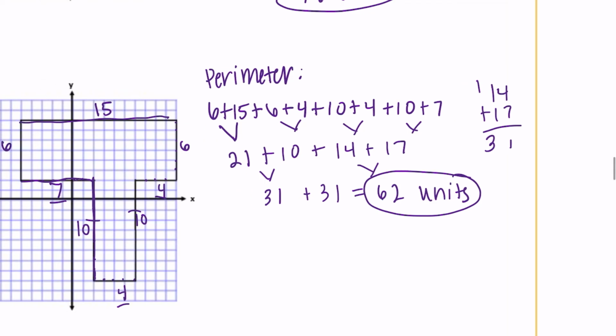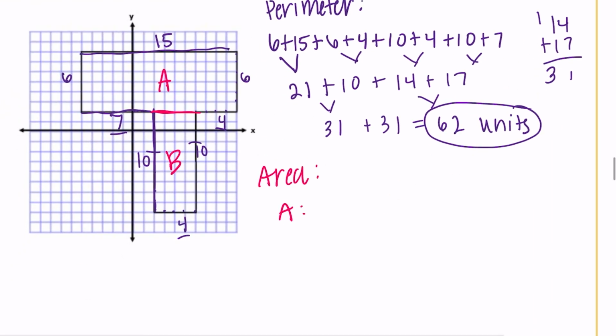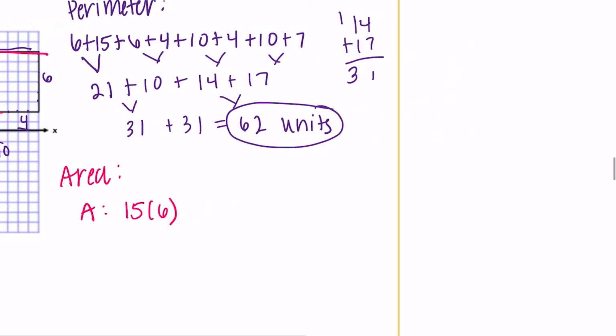So let's find the area. So we can do that by breaking it into 2 rectangles. So we have rectangle A up here, rectangle B down here. So the area of A, let's see, it's 15 by 6. And 15 times 6 is 90.